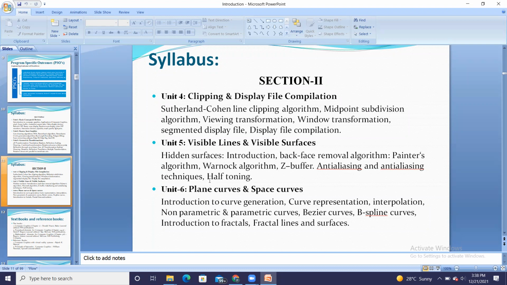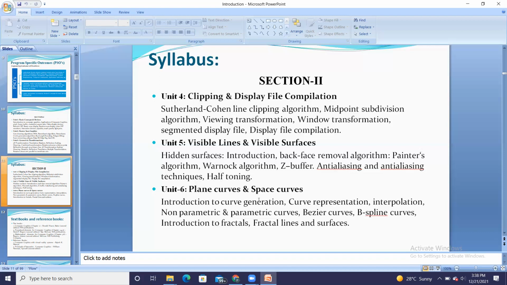And the last chapter, unit number 6, is based on the curves. So here 2 types of curves, that is 2D curves, that is plane curves, and space curves, that is 3D curves, that we are going to learn. So plane and space curves is the last chapter, where we are having the curve generation, curve representation, and different types of curves.